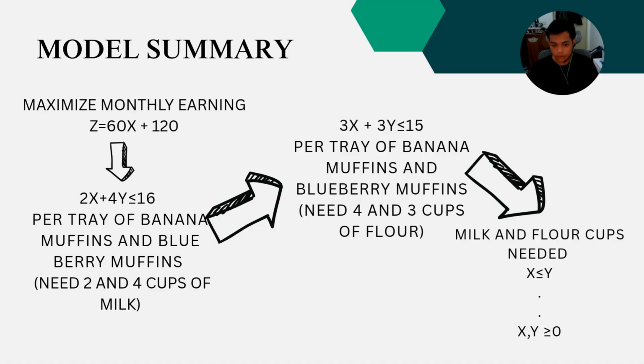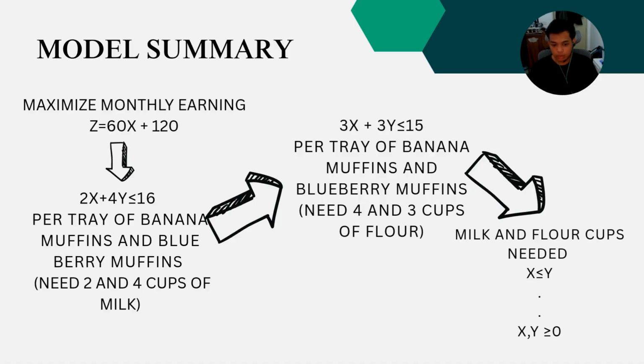However, we cannot produce unlimited trays. We are limited by resources such as milk and flour. These limitations are called constraints in linear programming. First we have the milk constraint, that is 2x plus 4y is less than or equal to 16. This means banana muffin requires 2 cups of milk per tray and blueberry muffin requires 4 cups.